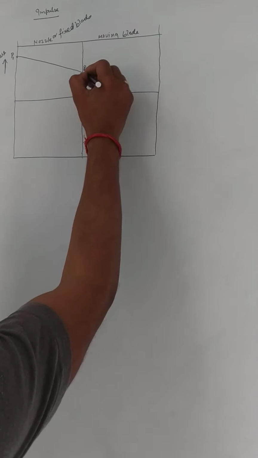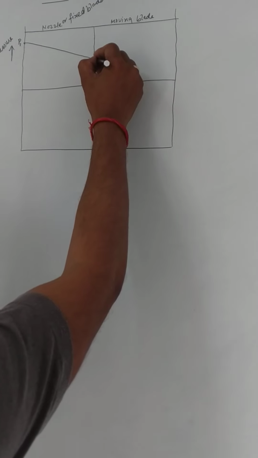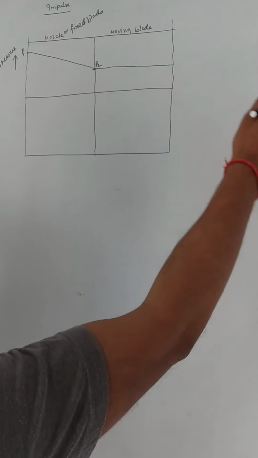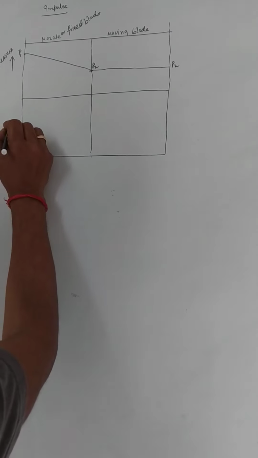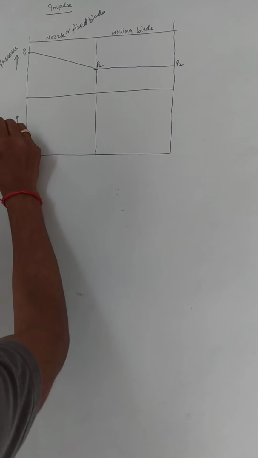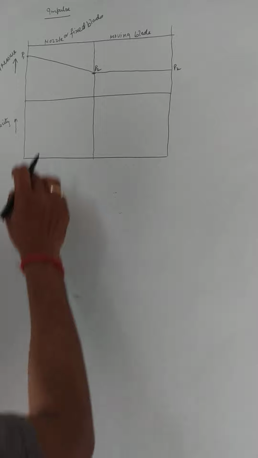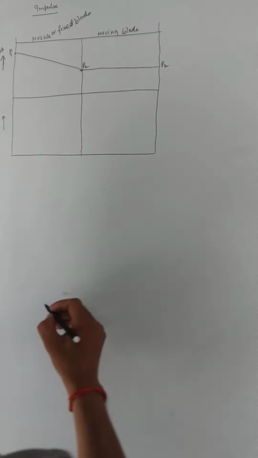After that, when this steam enters the moving blade, there is no pressure drop, so the pressure is constant in the moving blades. This is P2, this is also P2. Now if you talk about the velocity distribution, as the pressure decreases, the pressure drop takes place.